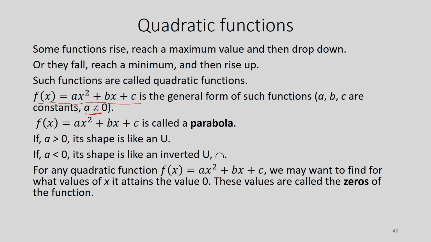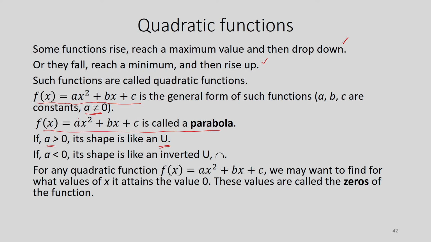Now, the graph of this function is also called a parabola, okay. And we talked about two kinds of movement of this function. It can go down and then after reaching a minimum it can go up. So, this will be like a U shape, roughly, but in that case you need the small a to be positive. Okay.